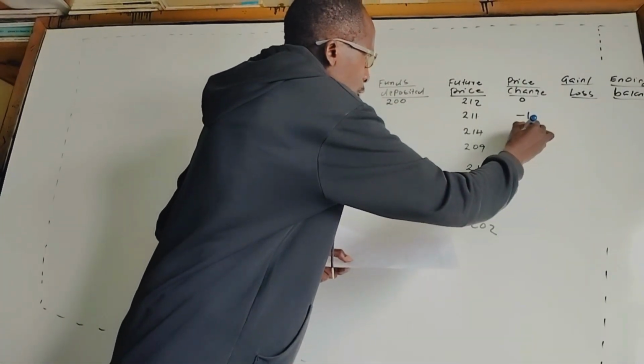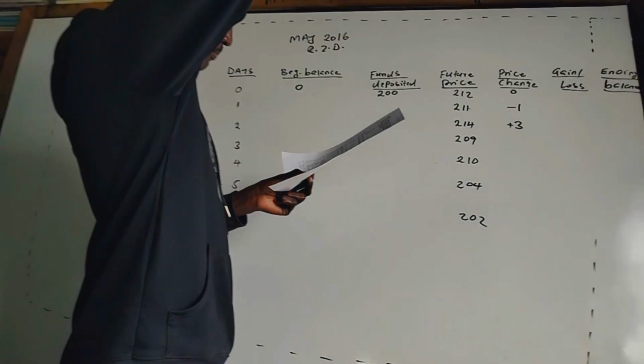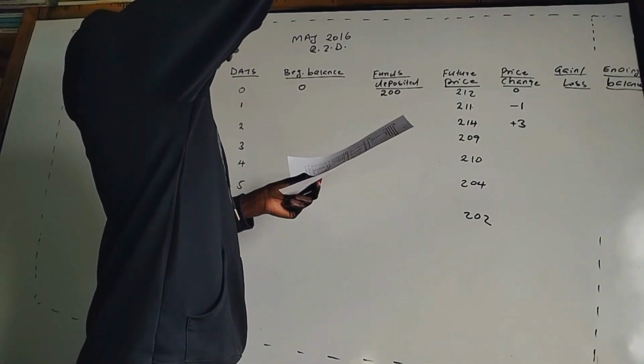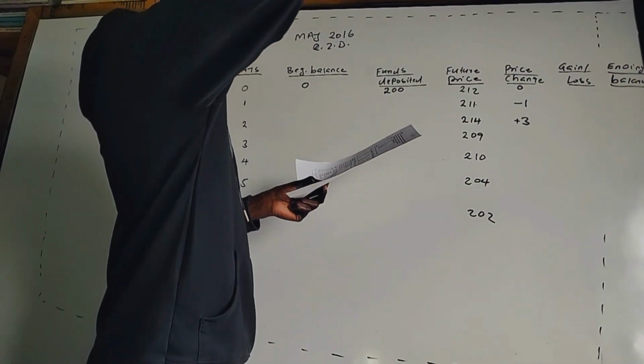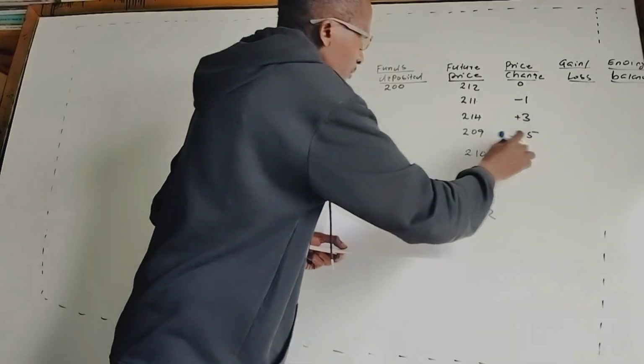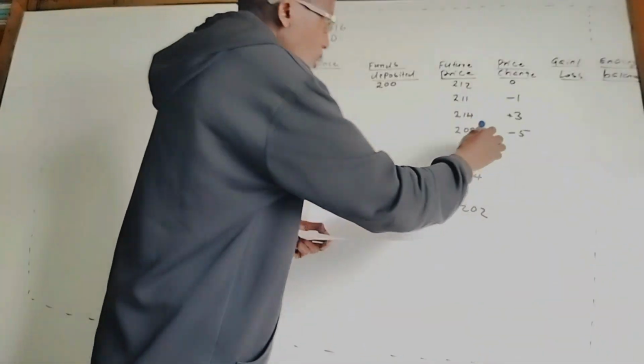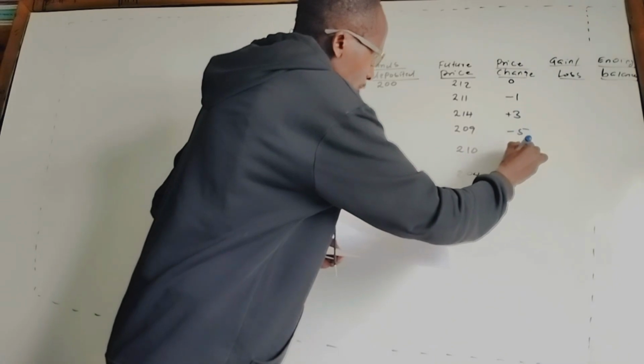Now 3 is a positive number, that was negative. 209 minus 214 is -5. This minus that. Now the next one is 1, which is +1.